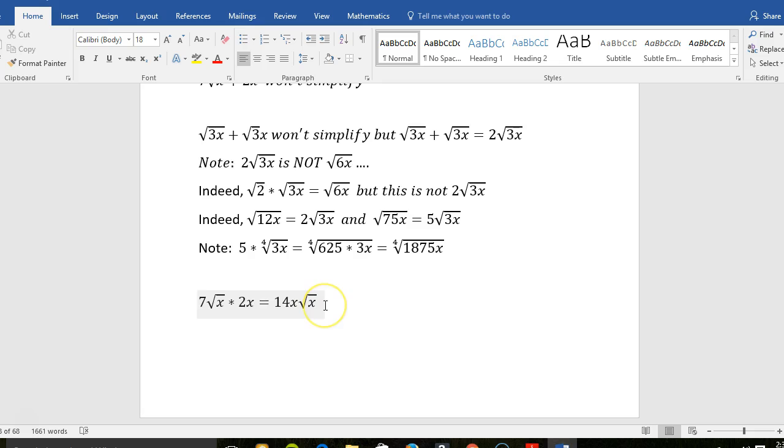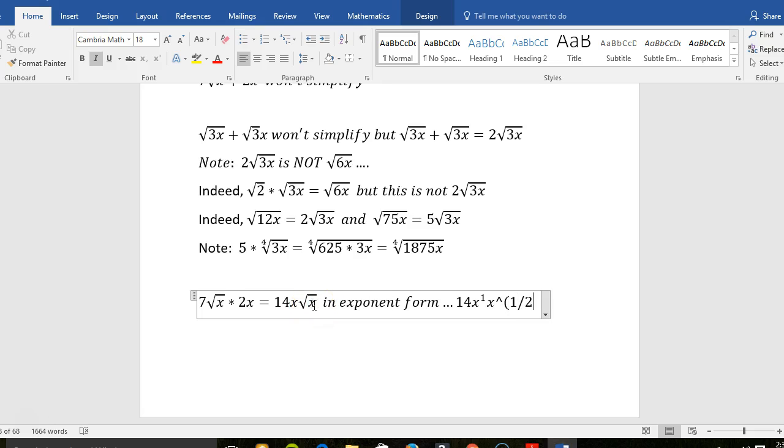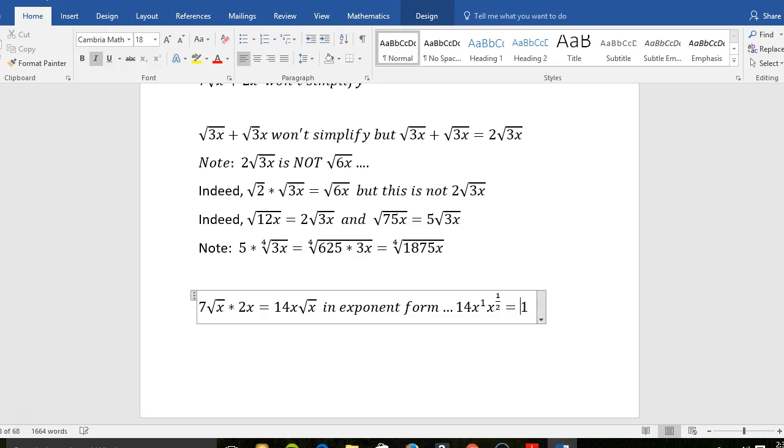And by the way, guys, if you wanted it in exponent form, you would have 14x to the 3 halves. Because what you would have is you'd have an x to the 1, you would have an x to the half, but your teacher's probably going to want you to clean that up.